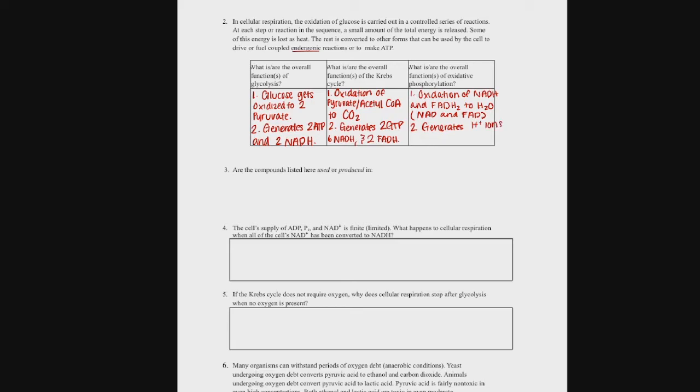So it creates a chemical gradient which drives ATP synthase and can therefore generate a bunch of ATP. And we always say approximately 38 ATP. It's kind of the golden number, ATP.